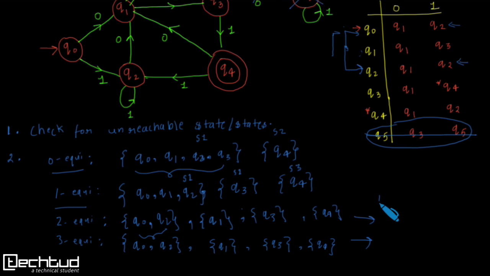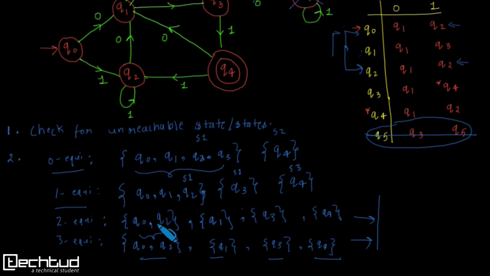Whenever we get the same number of sets, we can stop our procedure at that point. We can say at this point that these groups will not change if we go to any number of equivalency. So we have to take at least 4 states in our DFA. If you calculate 4 equivalent, 5 equivalent or n equivalent, there will not be any change after this 2 equivalent.